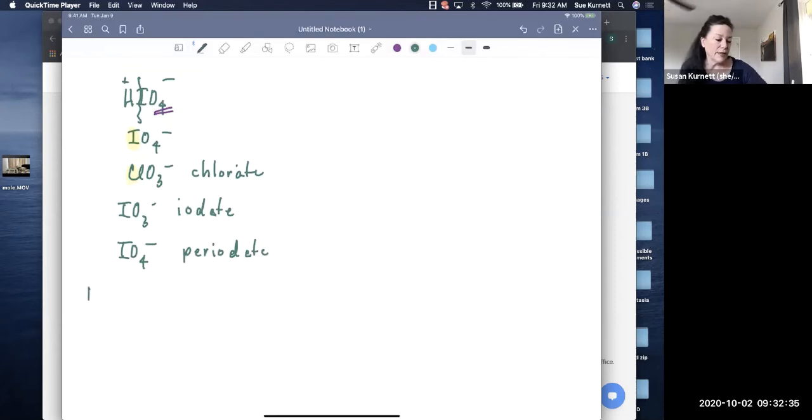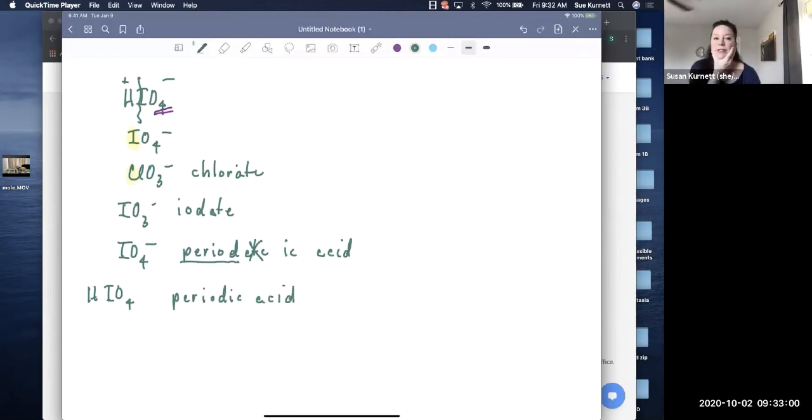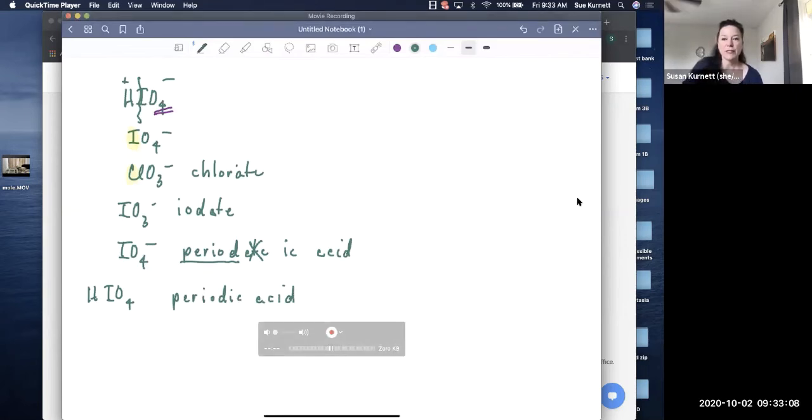And if we add a hydrogen to make it into an acid, ates make ic acids. It's periodic acid. And so there's just a set of rules, and the rules can jumble in your head until you become more familiar with them, which is why we're spending a lot of time on nomenclature.